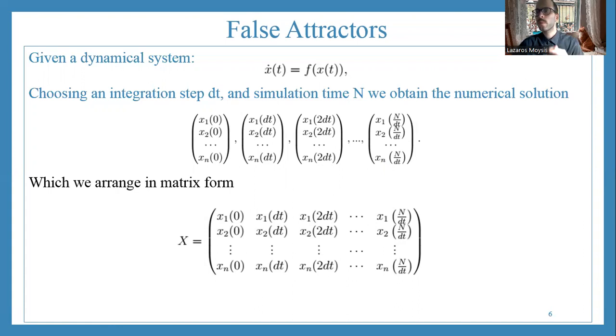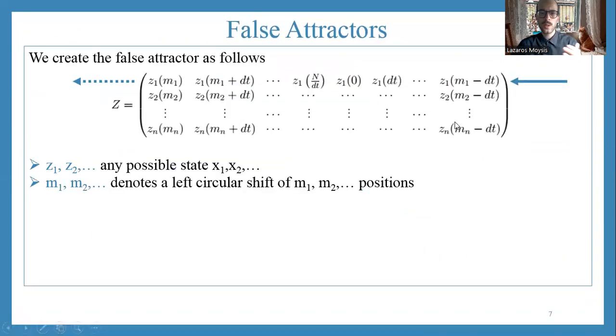So how do we go from a chaotic attractor to a false attractor? Simply, for each individual state, we perform a circular shift. This is slightly different from what the authors originally did, but we use a circular shift so that we don't affect the final length of the trajectory.